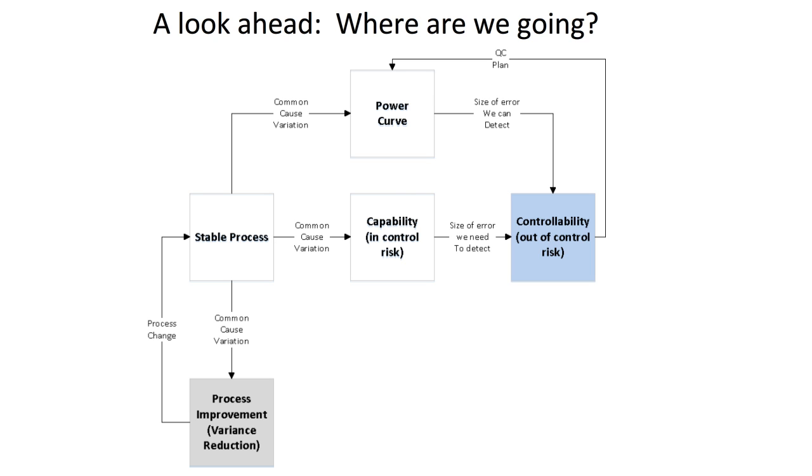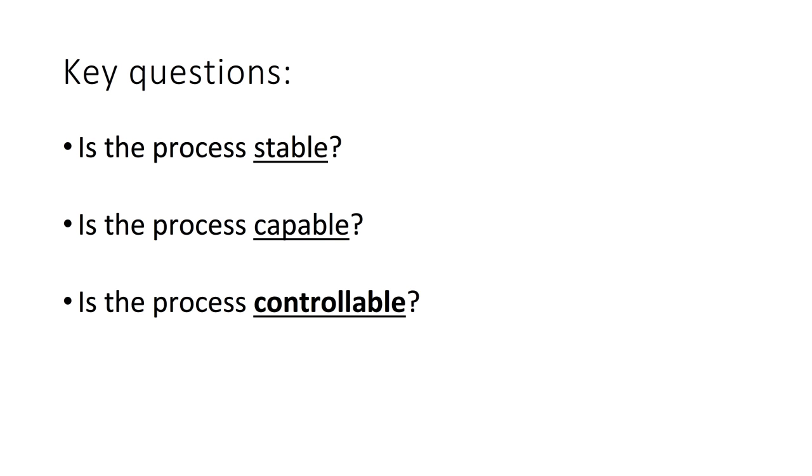We improve the process by reducing variance. Reducing variance increases capability and controllability, and this in turn reduces costs and improves patient care. So by now you're, I'm sure, tired of this, but once again, looking at our bird's eye view diagram, quality control rests on 3 fundamental concepts: stability, capability, and controllability.